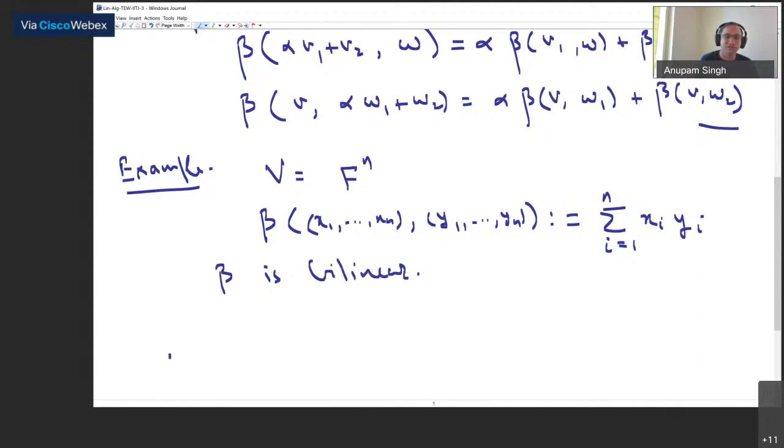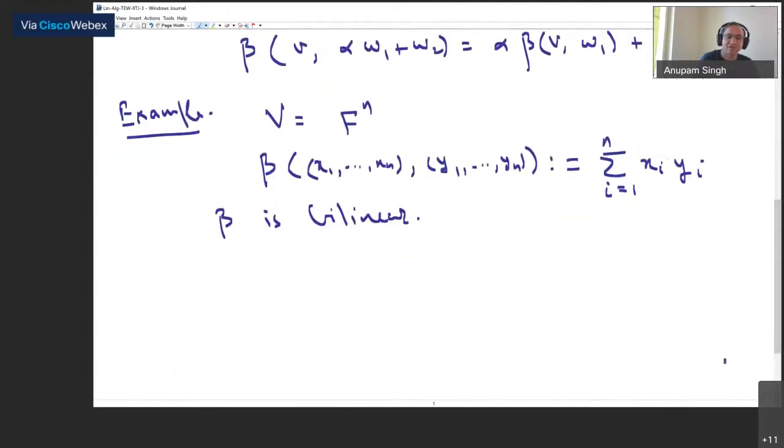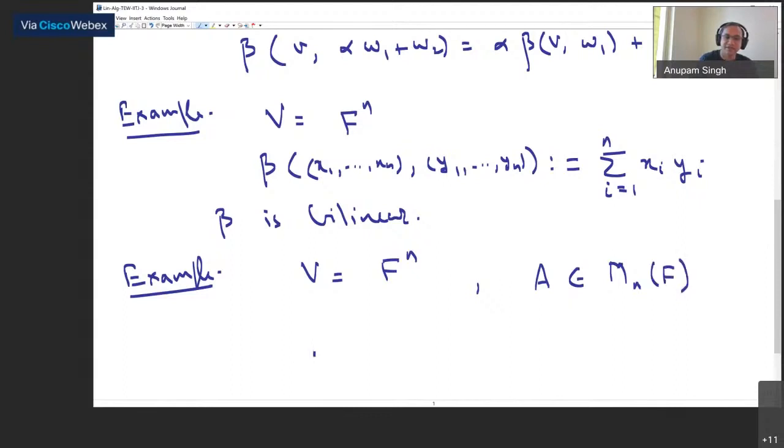How do we produce more examples of bilinear forms or bilinear maps? Let us write a more general example. Let's say I have again the vector space F^n, and I take any matrix A in M_n(F), an n by n matrix, and now I define beta from F^n cross F^n to F in the following way.